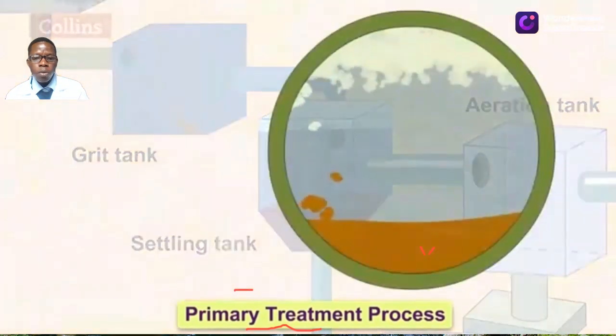It will help in settling out those organic solid particles at the bottom. And also things like oils float at the top. So oils, fats, and foam that is released in water can float at the top, while the large organic particles can settle at the bottom during the primary treatment process.